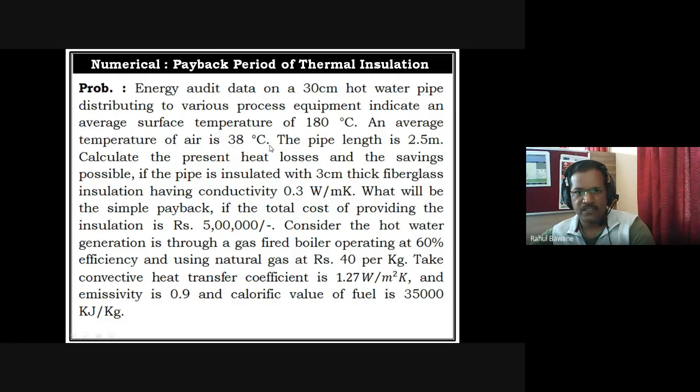So T infinity is 38 degrees centigrade. The pipe length is 2.5 meter. Calculate the present heat loss. That means when we don't provide any kind of insulation, what is the heat loss? So calculate the present heat loss and the saving possible if the pipe is insulated with 3 centimeter thick fiberglass insulation.